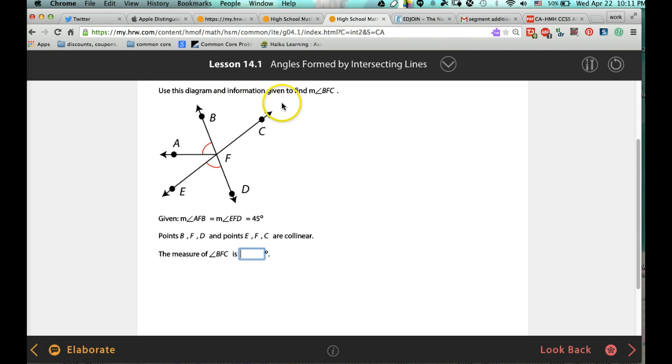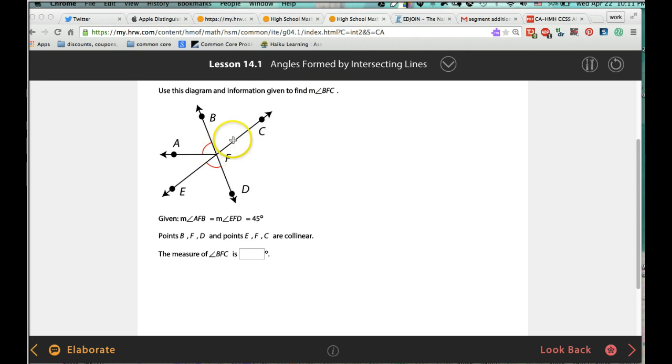It says use this diagram and information given to find the measure of angle BFC. So BFC is this angle right here. I need to find that angle. What is given to me is that angle AFB, this red line, and angle EFD, this angle right here, measure 45 degrees, and that's really helpful information.